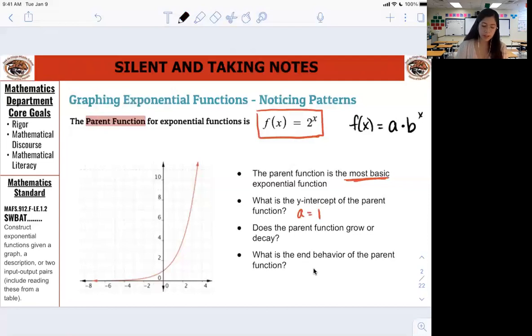So it looks like there's no a, but really what's invisible in front of the 2? An invisible 1. So I have 1 times 2 to the power of x. So my y-intercept is 1, and I didn't write this down, but let's make sure the growth rate b equals 2. Okay, does the parent function grow or decay?